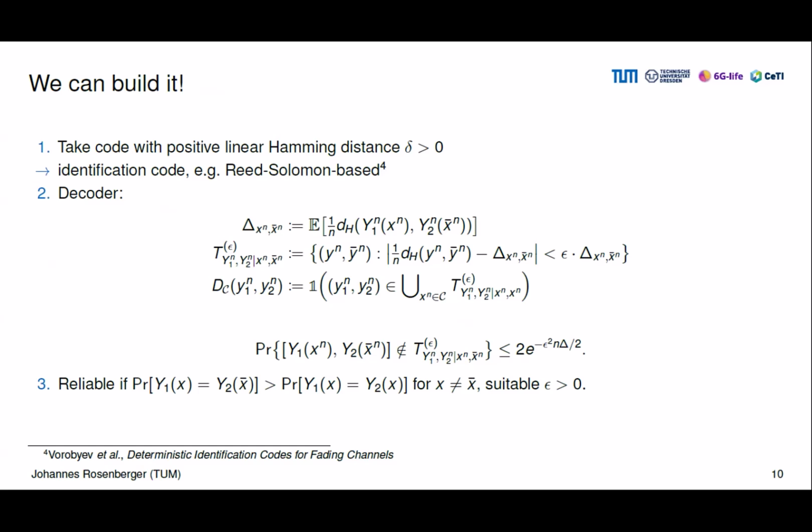Basically, it's always more likely that the channel output is closer to the original codeword than further, or if it's the other way around, that it's always more likely to be further than closer. At least in these cases, one can show that one can choose the epsilon suitably such that this decoder will be reliable.